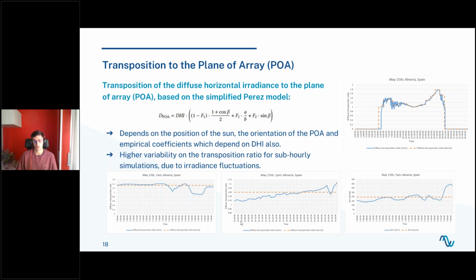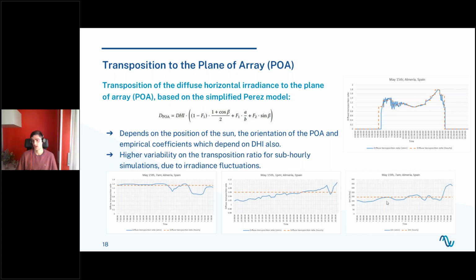If we go in more detail to the specific intervals, we can see how now the sub-hourly simulation doesn't look as smooth as for the beam component, but goes up and down, which doesn't look very normal, for both intervals, 7 a.m. and 1 p.m.